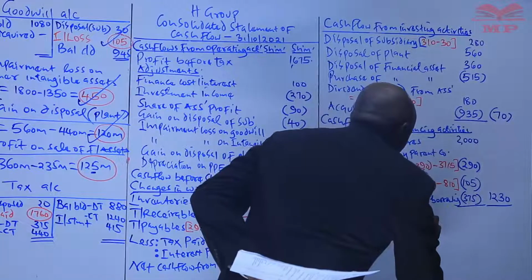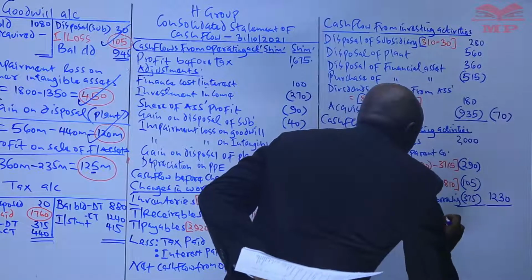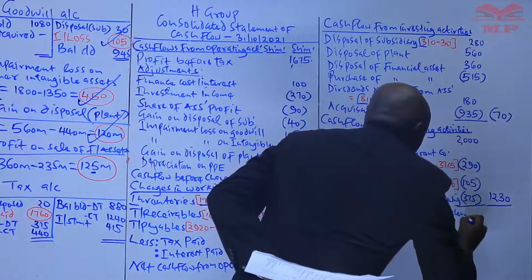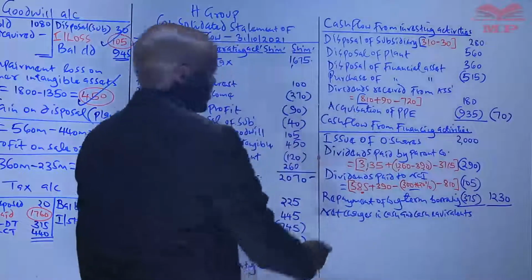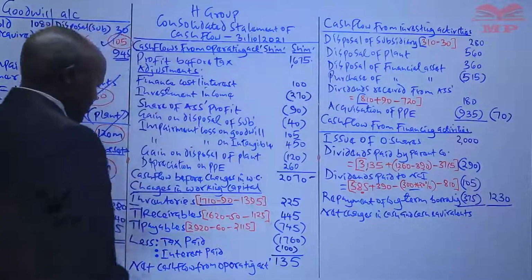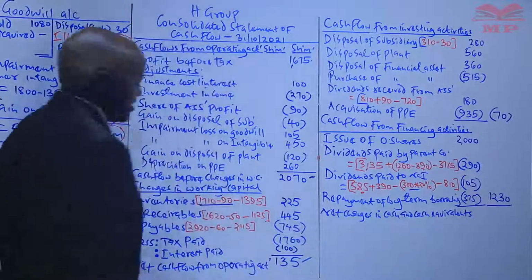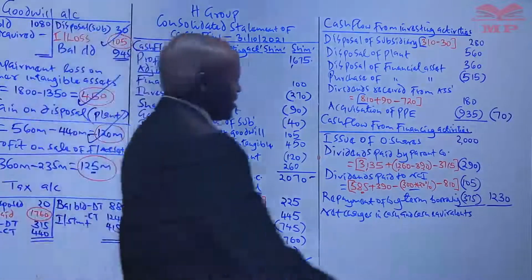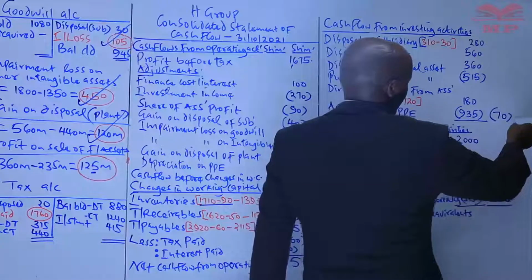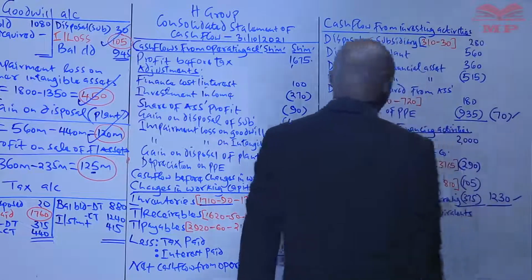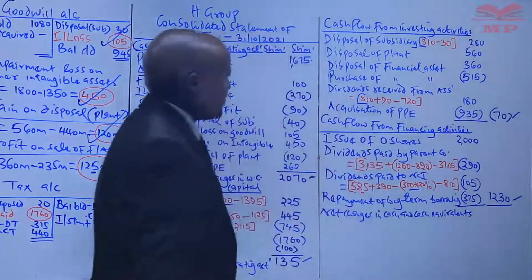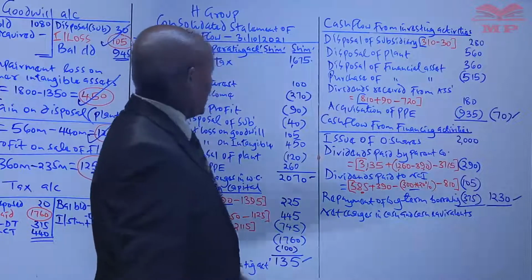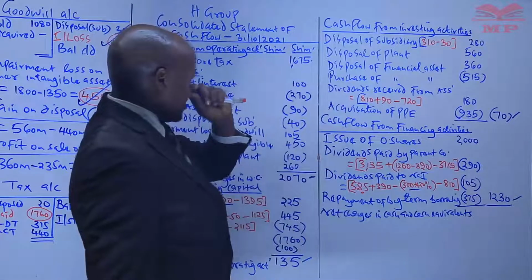The net changes in cash and cash equivalent. So how do we arrive at that figure? We arrive at that figure by adding the net cash flow from operating, from financing, and also from what? From investing. Okay, there is something we need to include here before we add.